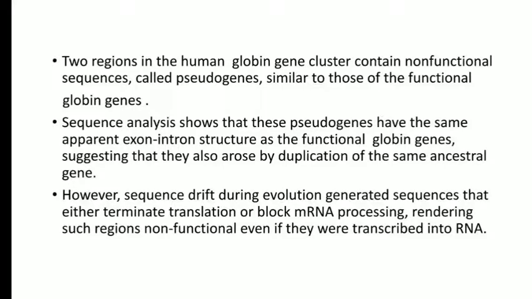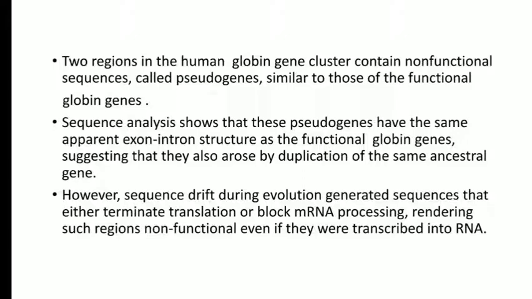Two regions in the human hemoglobin gene cluster contain non-functional genes, which are called pseudogenes, similar to functional globin genes. Sequence analysis shows these pseudogenes have the same exon-intron structure as functional globin genes, which suggests these pseudogenes also arose by duplication of the same ancestral gene.